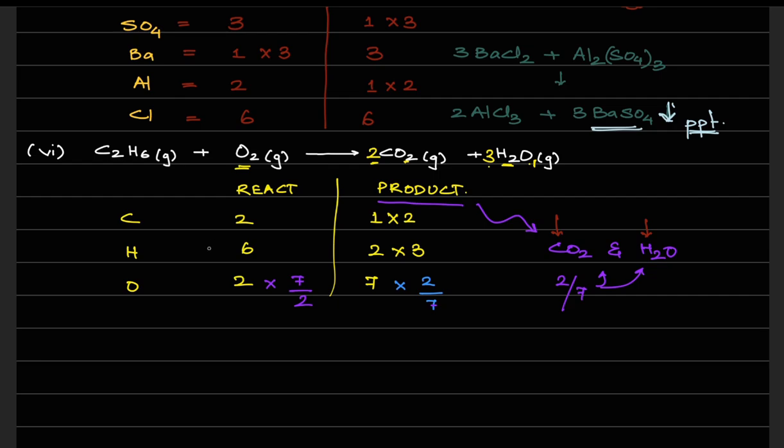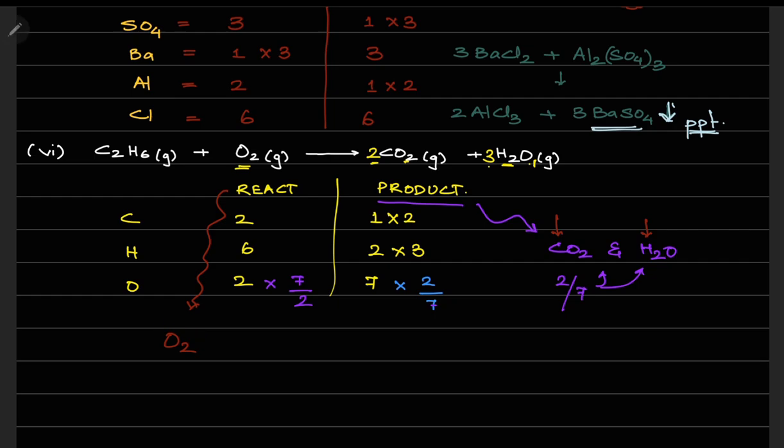But then if you notice on the reactant side, oxygen is a stand-alone element. That means it is not combined with anyone. So what is the best possible option to do? The best possible option is multiplying oxygen on the reactant side, and that is what I am going to do.